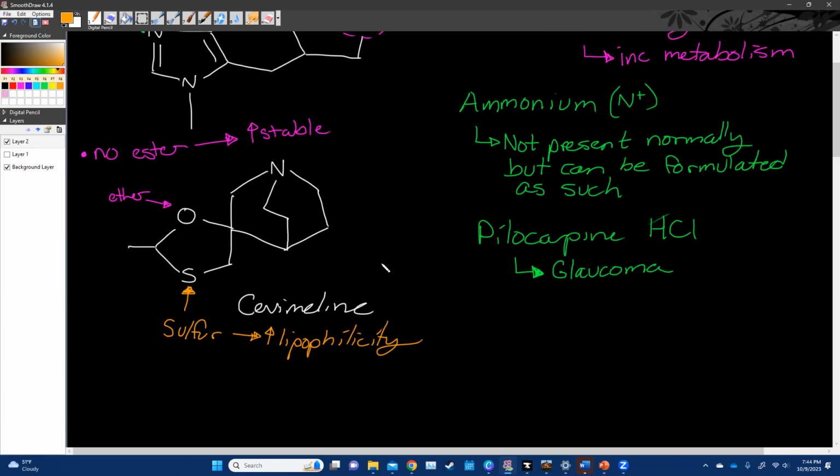If you administered it into the stomach and into the intestines, would it cross into the blood? 100%. Two reasons. First reason is because just by itself, we do not have that quaternary ammonium, and we're using sulfur to increase the lipophilicity. In fact, it's so lipophilic, it's actually able to cross the blood-brain barrier.